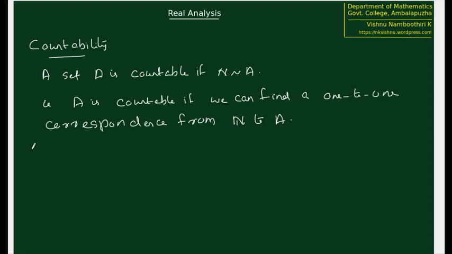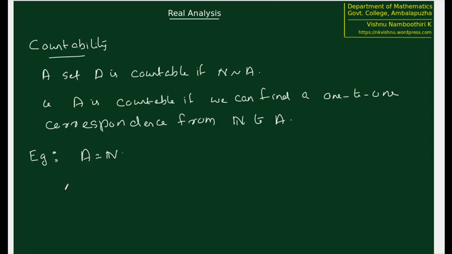Some obvious examples are the following. A equal to N itself. In this case, what is the natural choice for f that we can define from N to A in such a way that f is 1-1 and onto? Here we need to define a function f from N to A, which is N to N itself, in such a way that the function is 1-1 and onto.